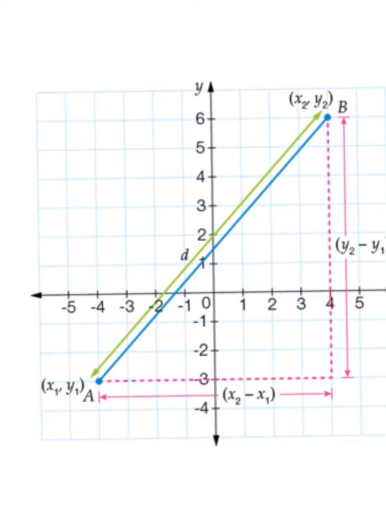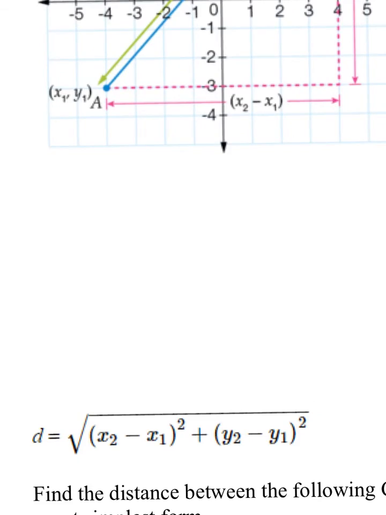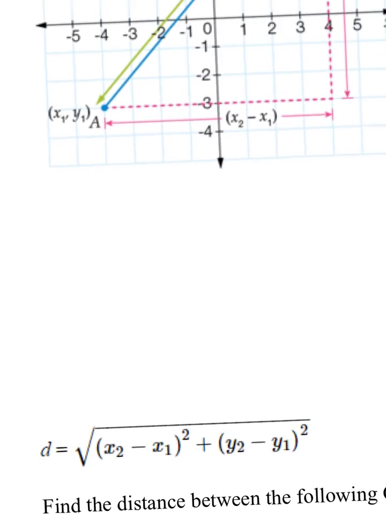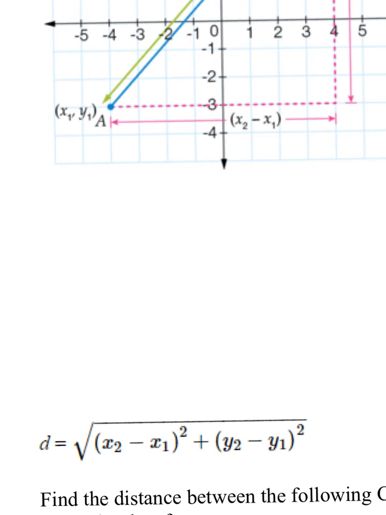You guys are really good at Pythagoras, so this is what the formula is. Don't freak out because it's not so bad. D is equal to the square root of x2 take x1, squared, plus y2 take y1, squared.